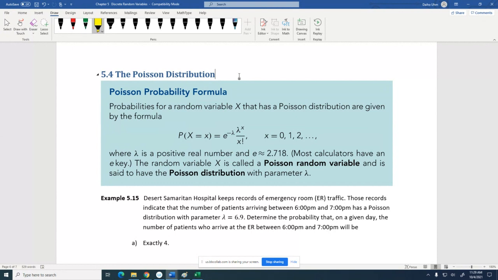Because we can expect more car accidents in Fayetteville on a snow day, Friday night, and more patients arriving at the ER. It's between 6 and 7. It doesn't say the days, only that between 6 and 7 the average is 6.9.